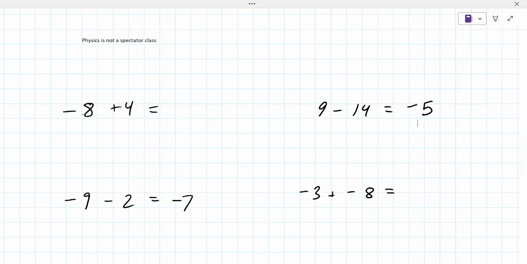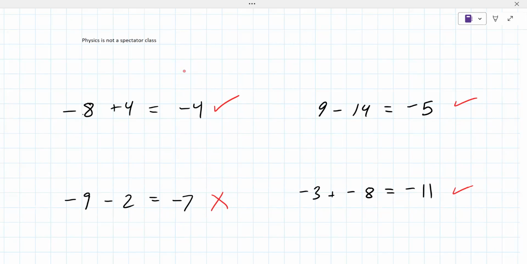Negative 3 plus negative 8, same sign, should be a negative 11. And then the final one should be negative 4. Okay, so correct, correct, correct, not correct.